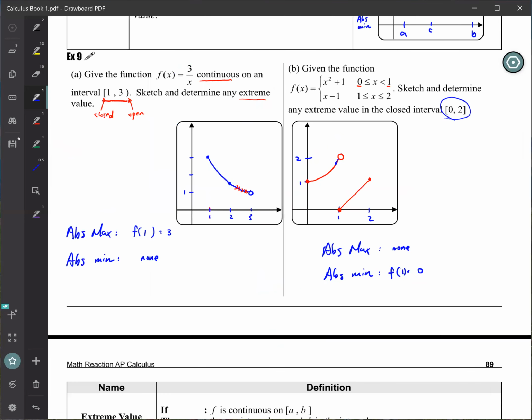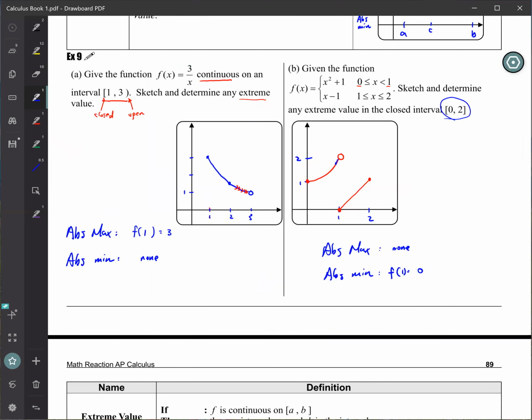If there exists a number c in a small, and this is important, small and open interval, a to b, so a less than x less than b, there are no equal signs, such that f of c is greater, meaning higher, for all the x in the open interval. Because we're only talking about an open interval, it cannot happen at the endpoints. So you can make a note as well.